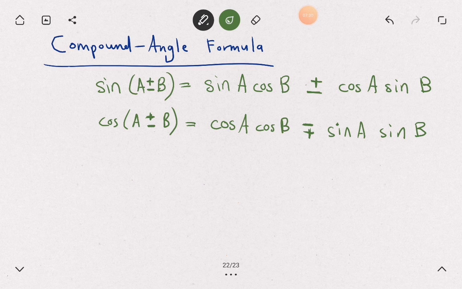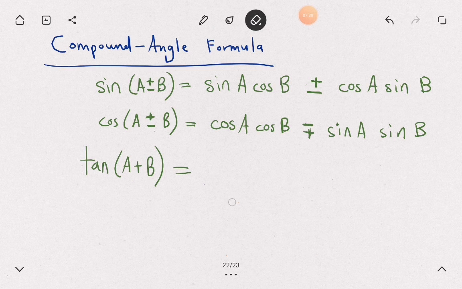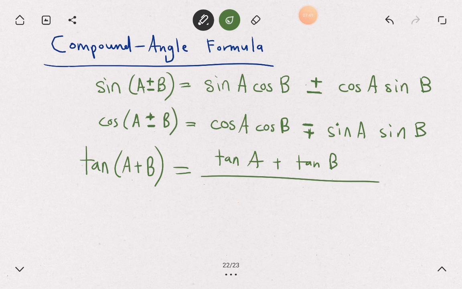Okay, and you can work the tangent case out actually. But I'll just give you the formula here. The tangent of A plus B is tangent of A plus tangent of B. For tangent, how you work it out is you take sine divided by cosine, so you divide sine by cosine to get tangent.